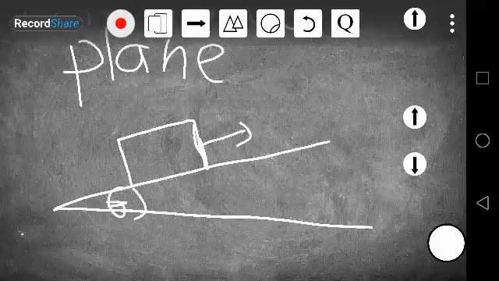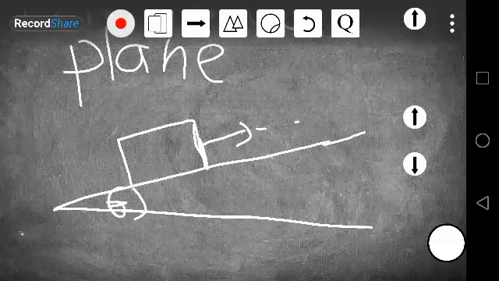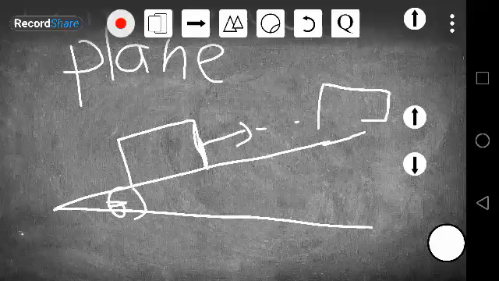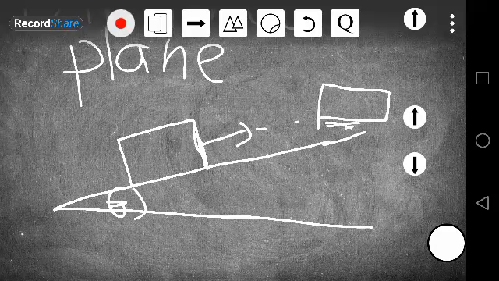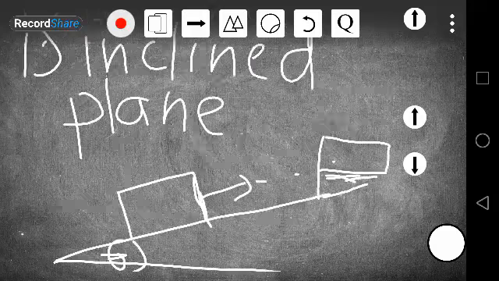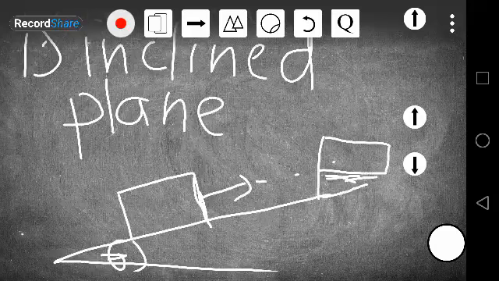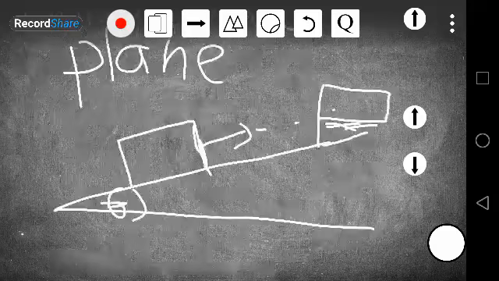The more we push it, the more height we gain, up until it's here. The smaller the angle, the smaller the effort that is required. So this is one of the other machines that is used to reduce the effort.